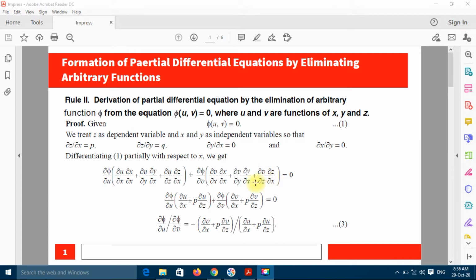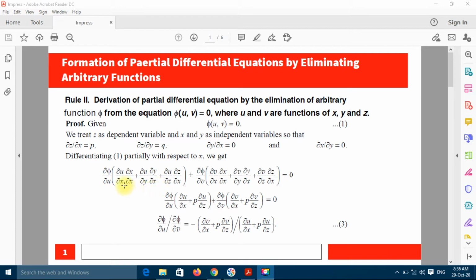You know the partial derivative of y with respect to x is 0, and the partial derivative of x with respect to y is 0, and the partial derivative of z with respect to x is p, and the partial derivative of z with respect to y is q.